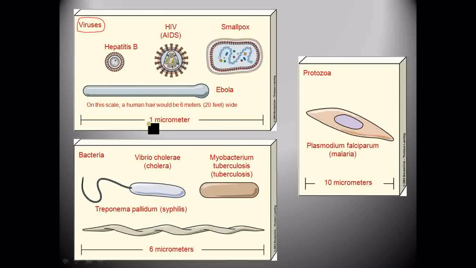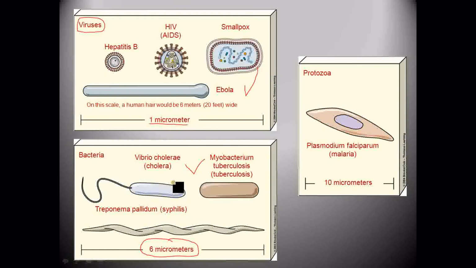You have something as small as 1 micrometer in size, and then we see Ebola is a very odd looking virus. Here's the AIDS virus, hepatitis, you get the idea. This diagram here is on a scale of 6 micrometers. So this is basically 6 times bigger than this one is.